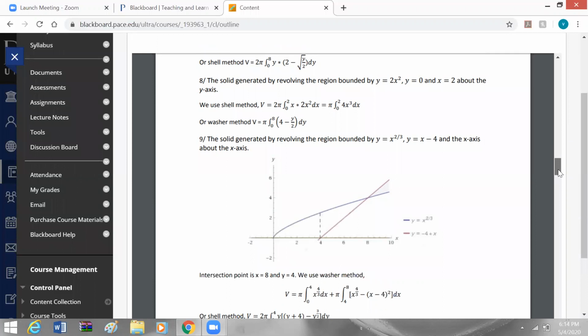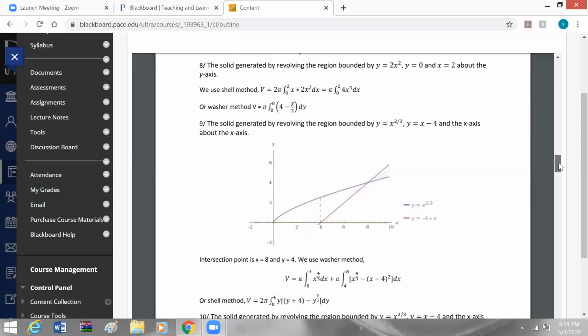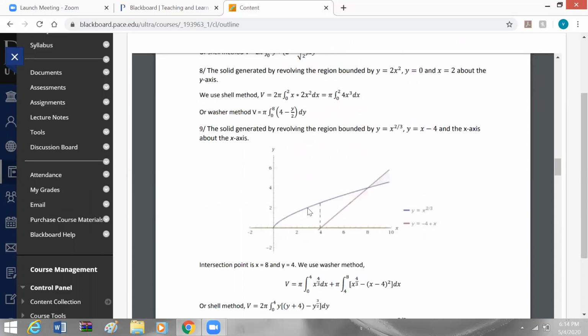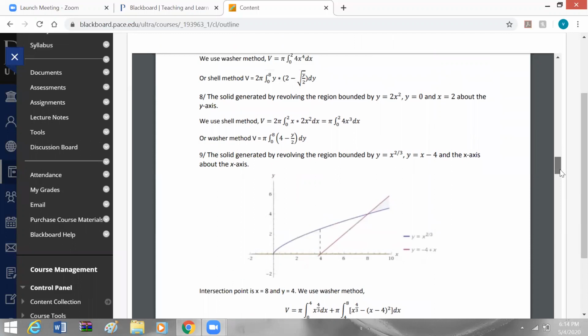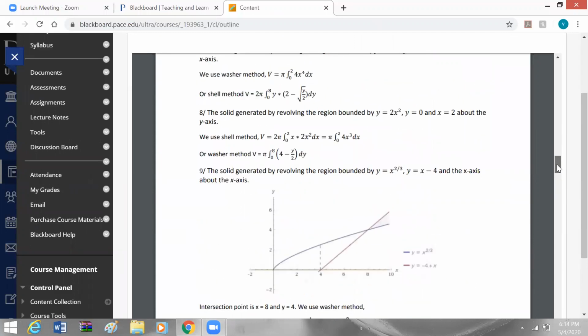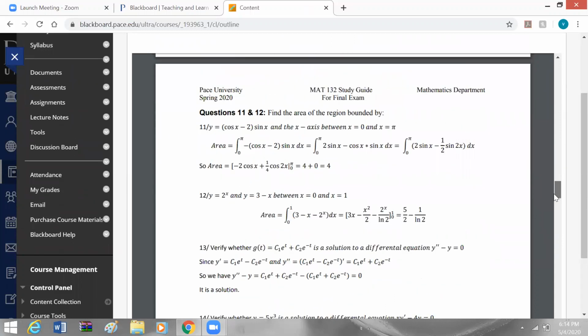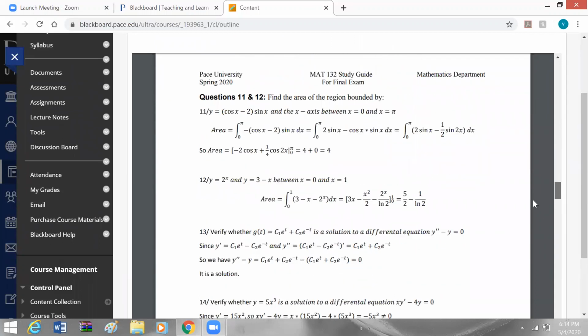So those are the things that we need to understand, again, whether we're using the shell method or the washer method. Okay, so those are two completely different methods that we take into account.